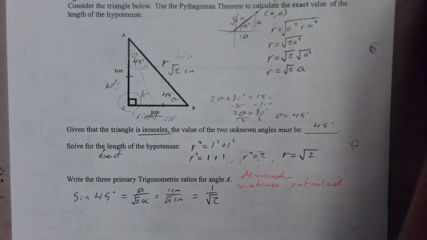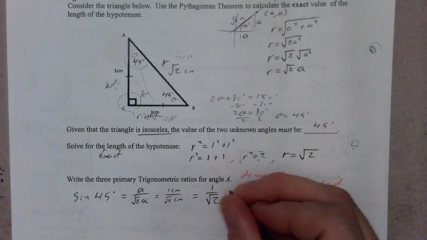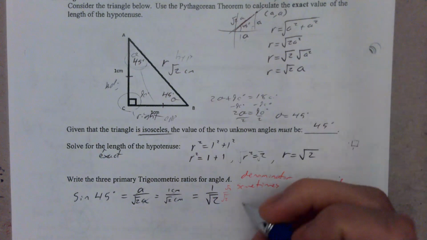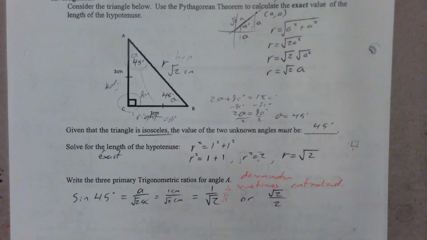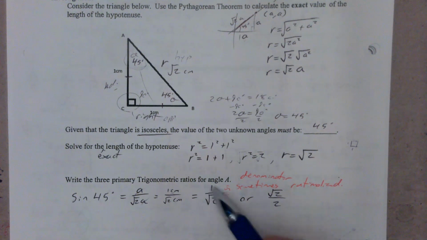So we sometimes write times root 2 over root 2, and say we could write this as the square root of 2 over 2. I generally don't ask you to rationalize your denominator. Calculators that will give you exact values will often spit out a rationalized denominator. I don't think there's any problem leaving your answer like this.